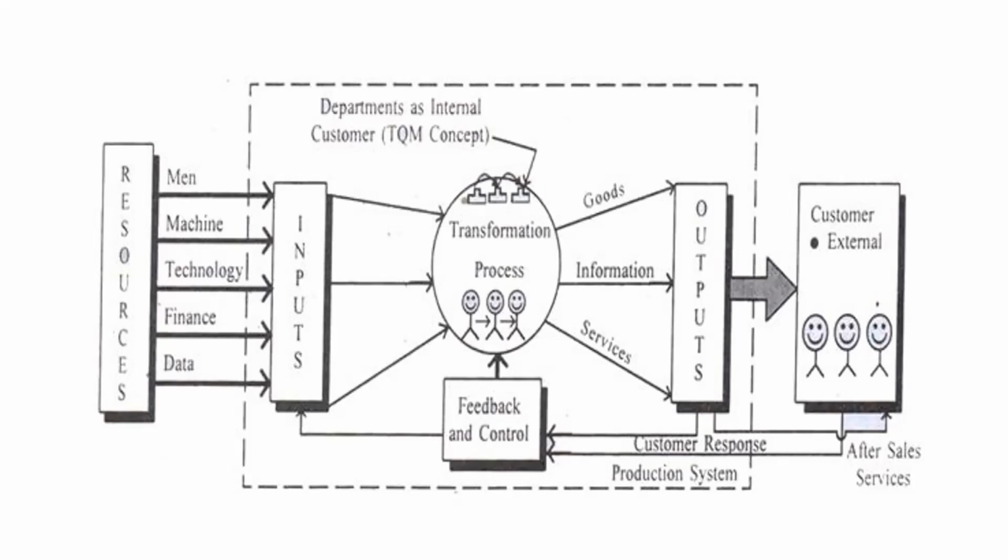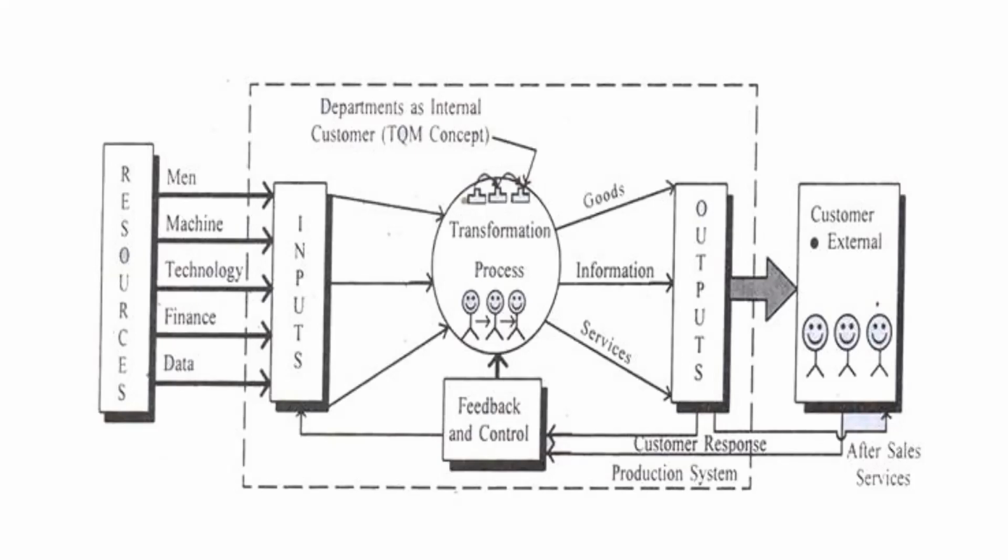Then feedback can be taken from the customers, and the organization can use the control process. So this is the clear picture for the production system. Anyway, the system approach can also be applied to services, not only products or goods, but also services.